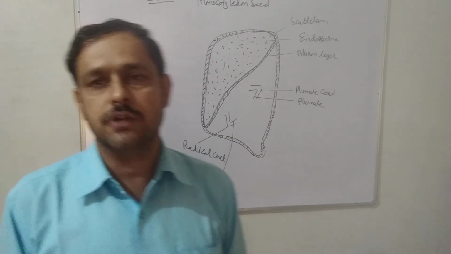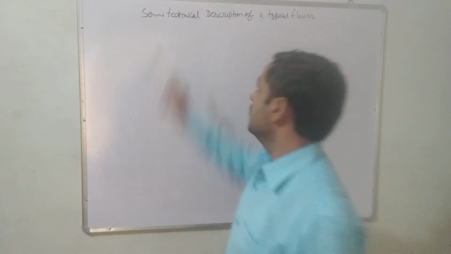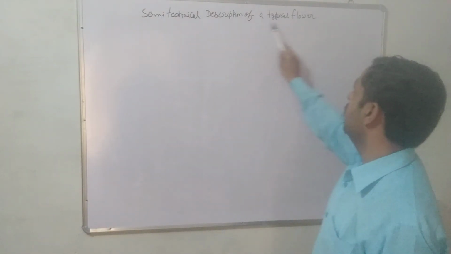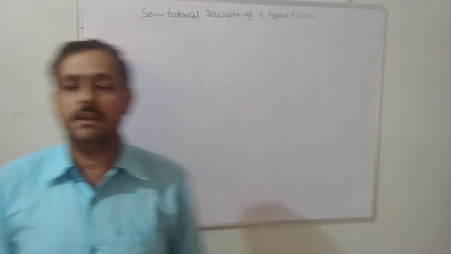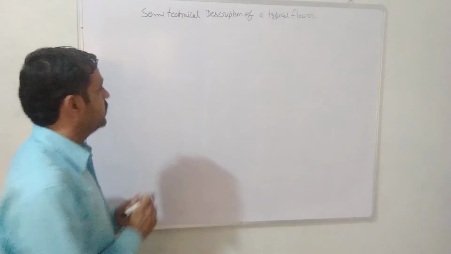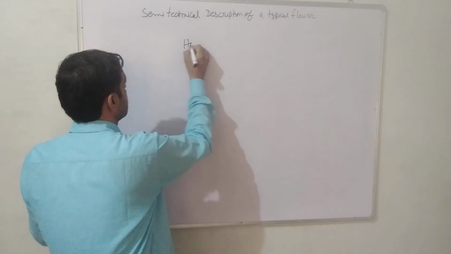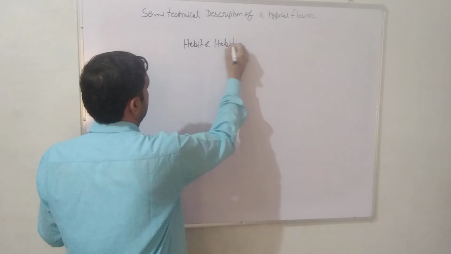Now our next topic is the semi-technical description of a typical flower. In this description we write what we have studied till now. First of all, we studied habit and habitat.